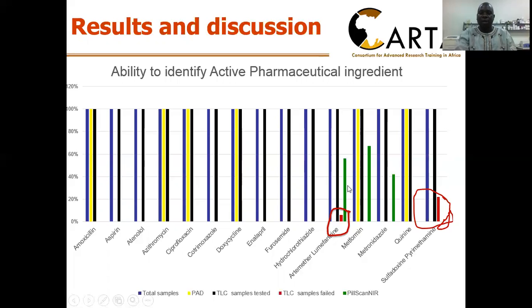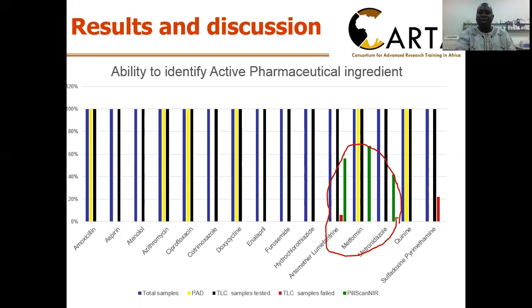In the end, we were able to identify one artemether-lumefantrine sample and two sulfadoxine pyrimethamine samples, which were poor quality.